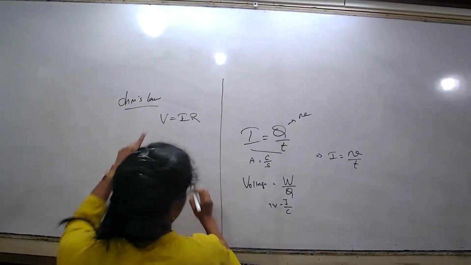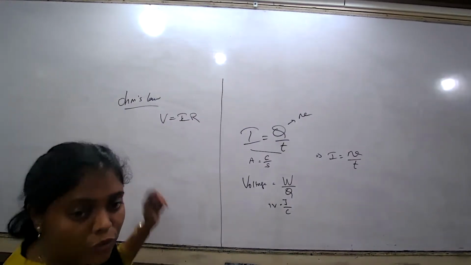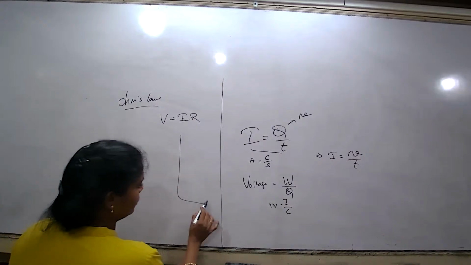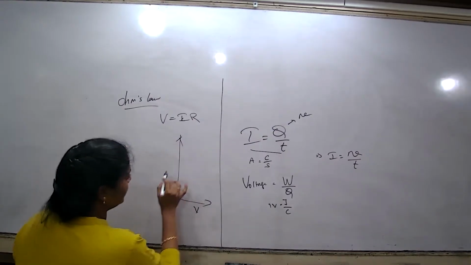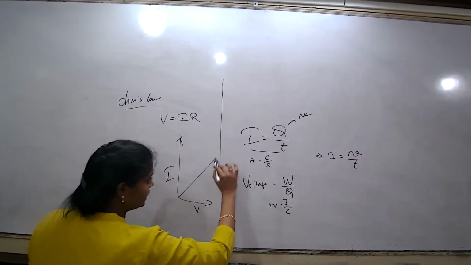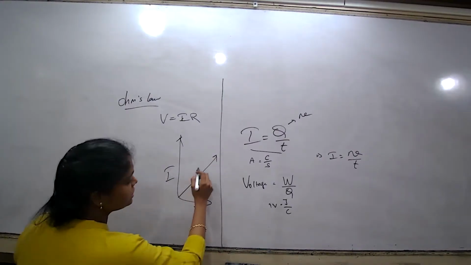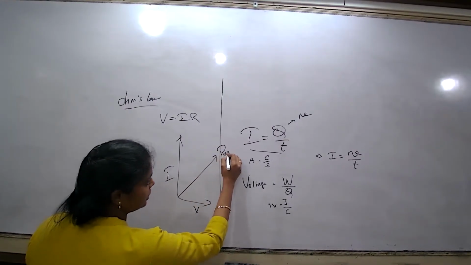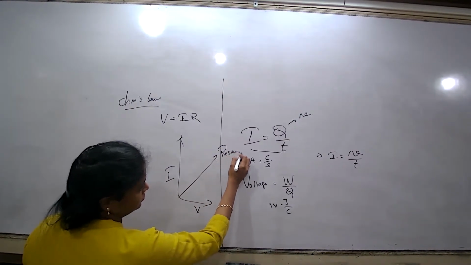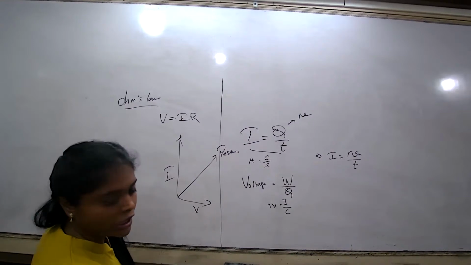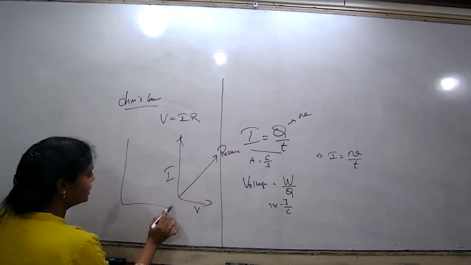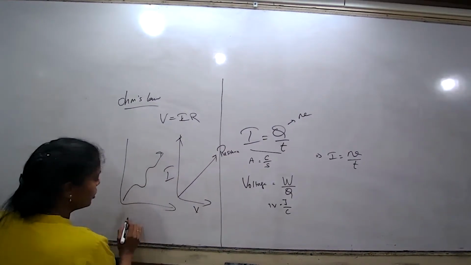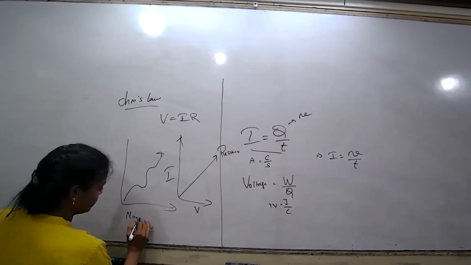V equal to I R. When you draw the graph with V and I, you will get a linear graph. So this graph will denote the resistance. If you are getting the graph in this manner, it is not an ohmic resistor.